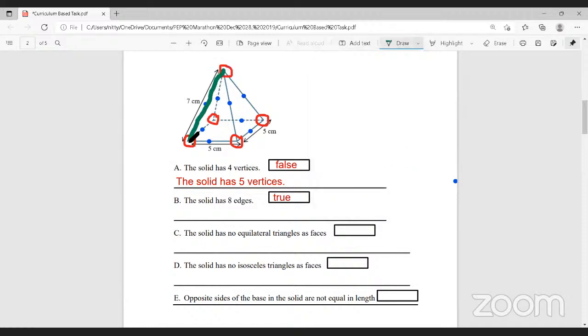My lines are a little squiggly, but they're meant to be straight. So that is one of the triangles. And if the base is a square and they all meet at the top at an apex, tell me, does it mean that all the triangles are the same size?